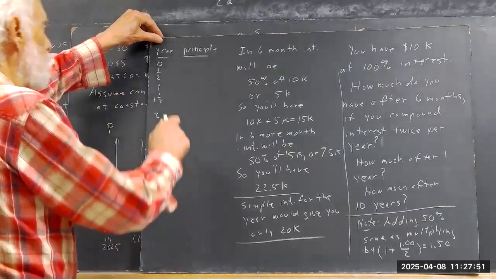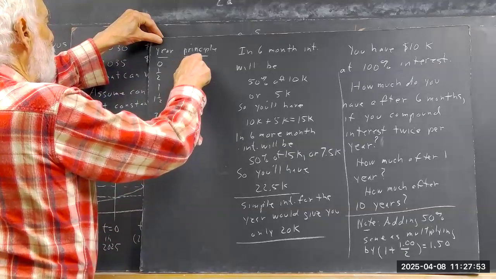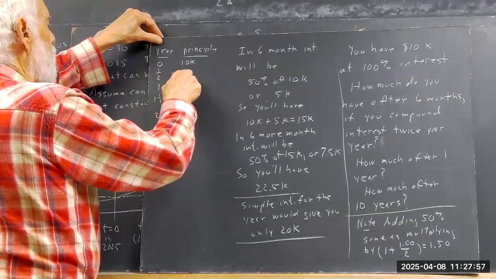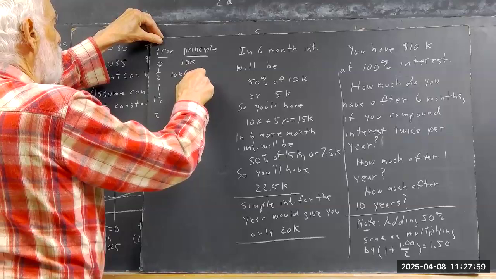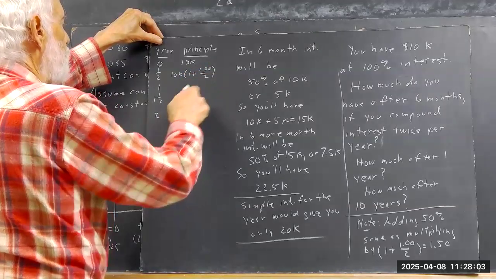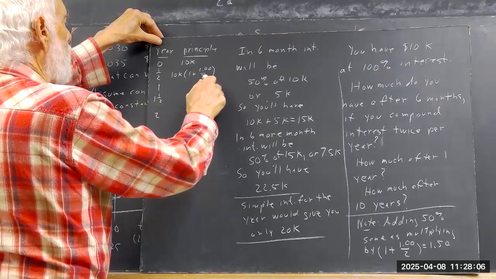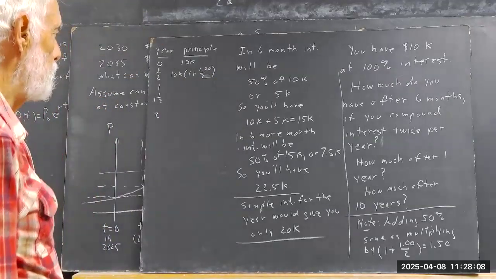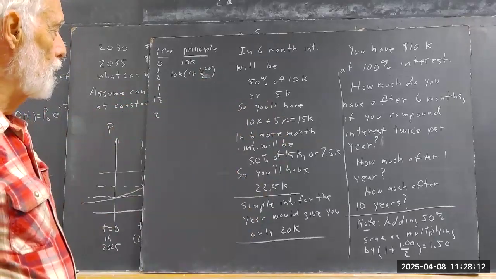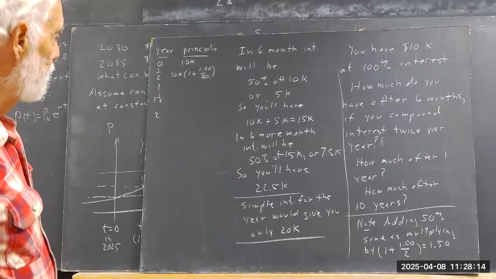Okay, so in year 0, your principal is 10K. But in year 1/2, it's 10K times 1 plus 1.00 over 2. That's basically what this calculation was. Okay.